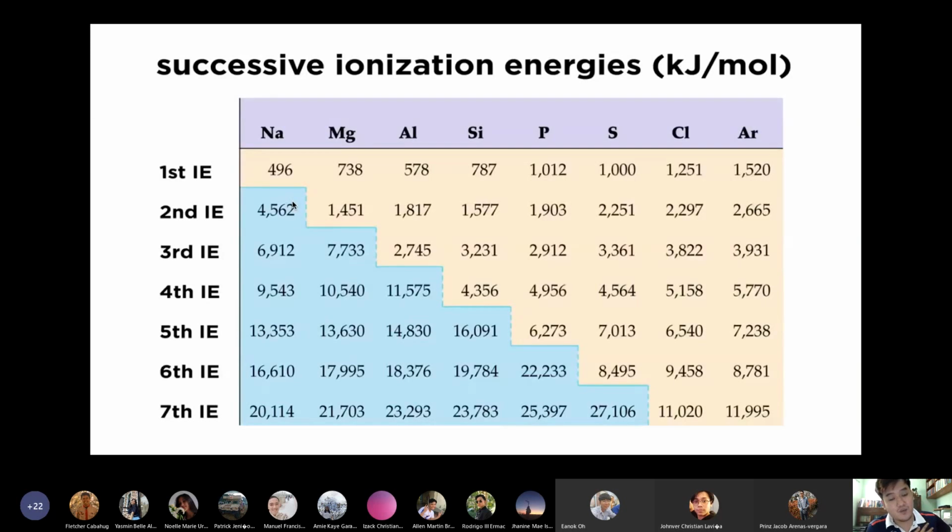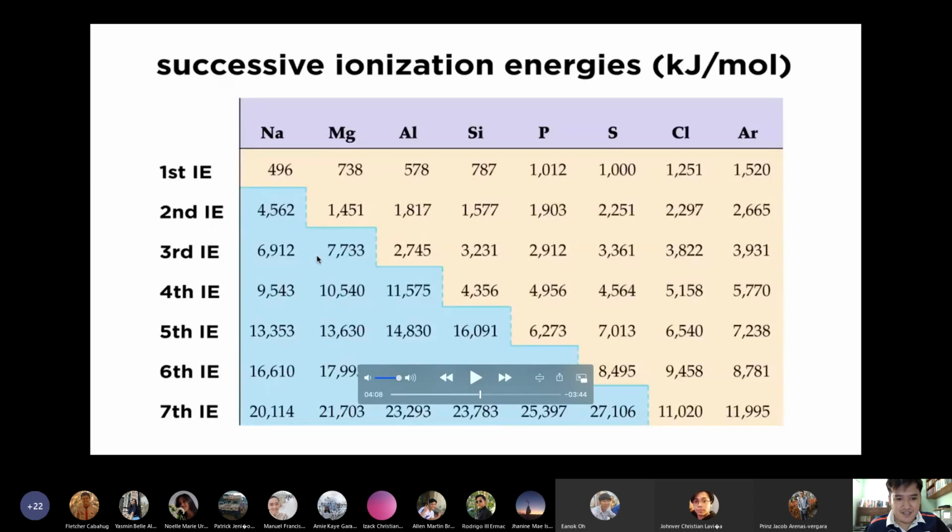And as Enoch was mentioning a while ago, 8 valence electrons make the atom very stable, such that it will require much more energy to remove any one of those 8 electrons.